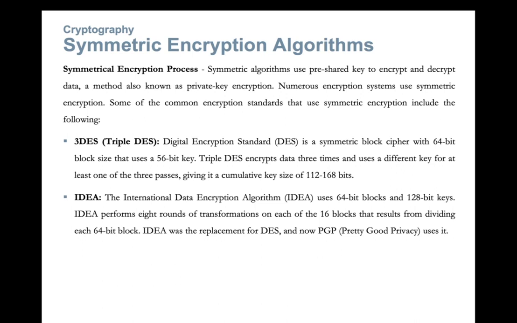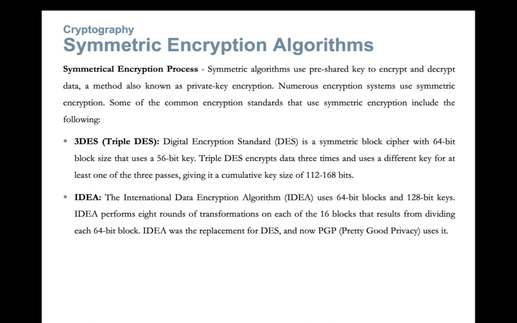Another symmetric encryption algorithm is IDEA, the International Data Encryption Algorithm, which uses 64-bit blocks like triple DES and 128-bit keys. IDEA performs 8 rounds of transformation on each of the 16 blocks that result from dividing each 64-bit block.